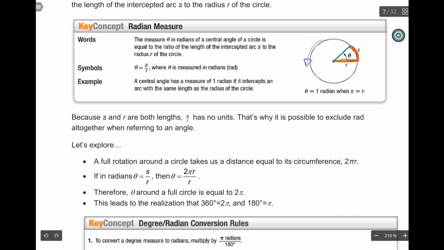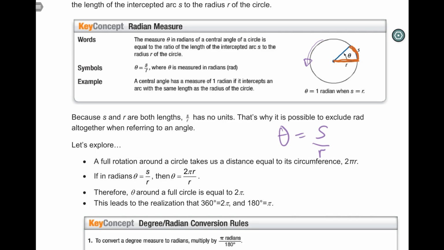So I'll show you a little bit of that later. So you can say theta, the angle, is going to be equal to the arc length divided by the radius. The radian. So it's the ratio of the arc length divided by the radius.